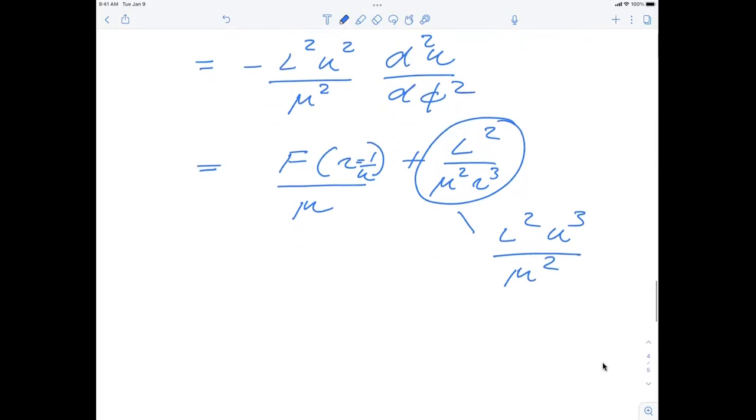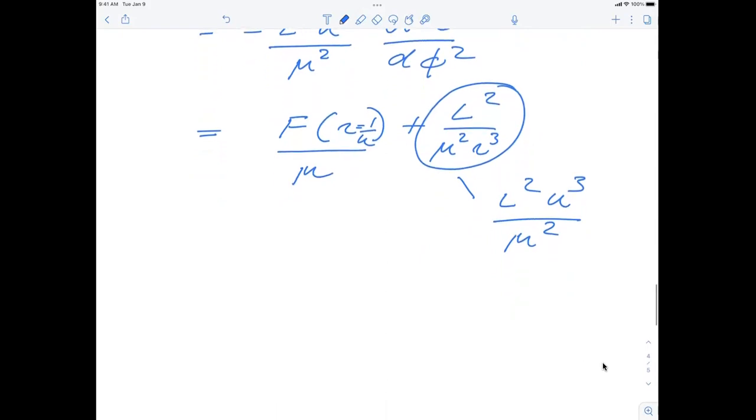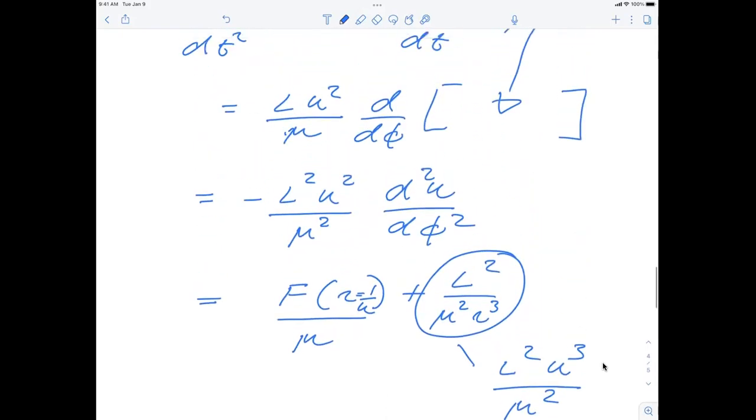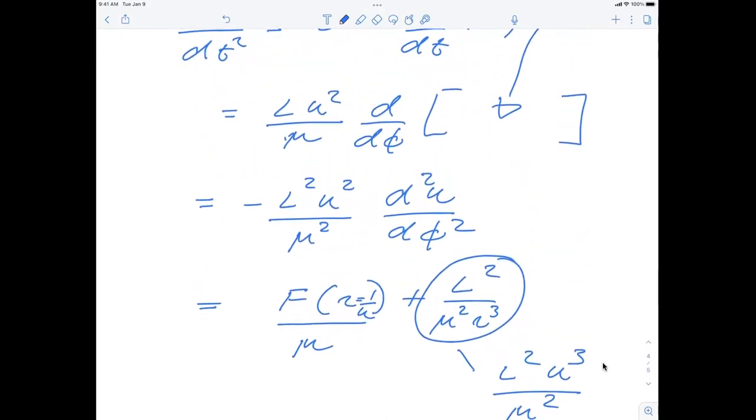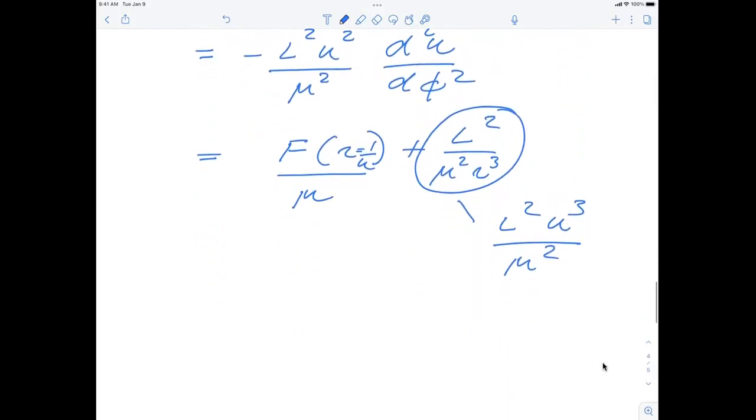Okay, so if I collect everything, and if I now just rewrite the expression for the force which we have, we are going to divide the expressions by L squared on both sides and u squared and multiply with the mass.